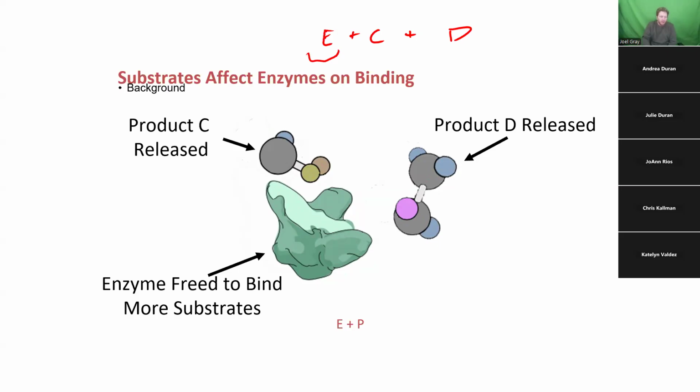Now, with that in mind, when you're thinking about what this is going to look like on a test, if I give you a question, I'll make it a sentence. An enzyme binds substrate.